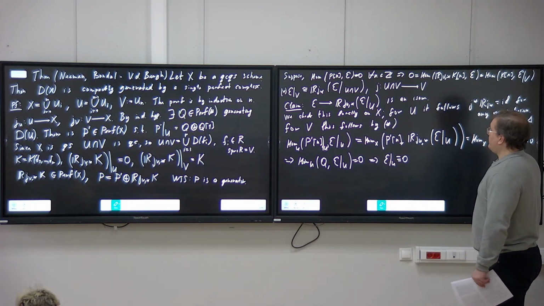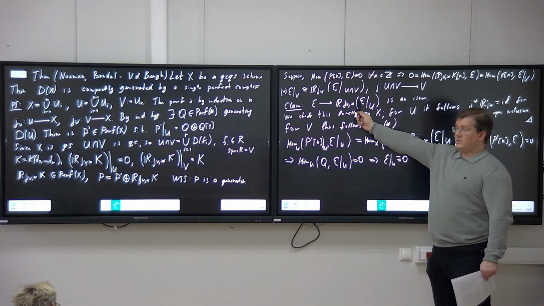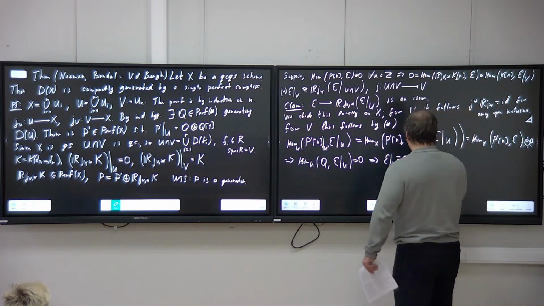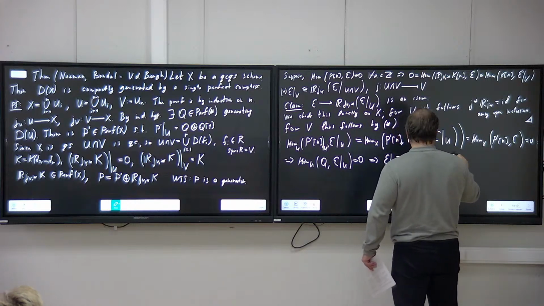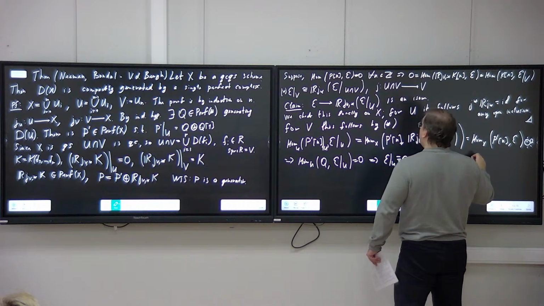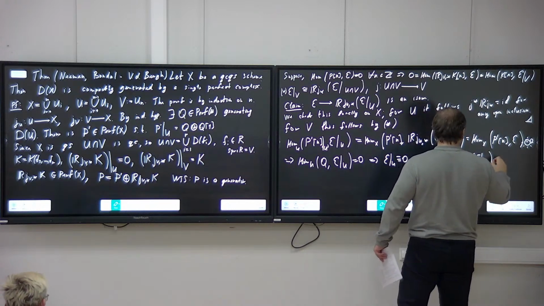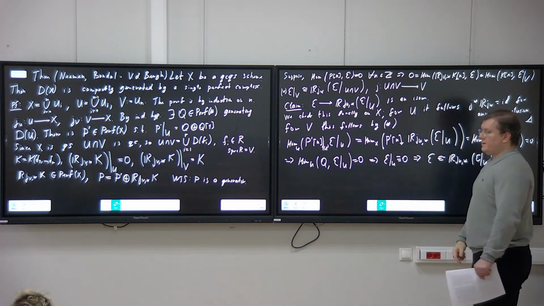And finally, we have this formula. Since E is isomorphic to this push forward of E restricted to U, E is 0. So that's the proof.